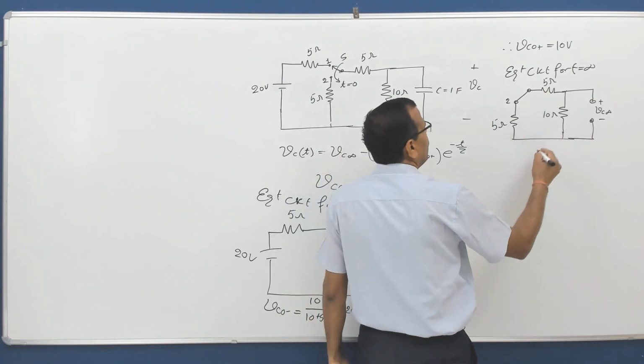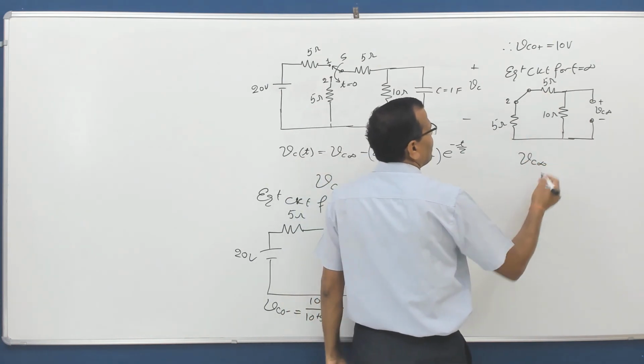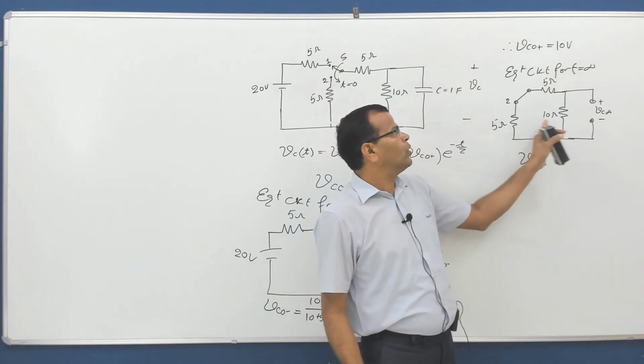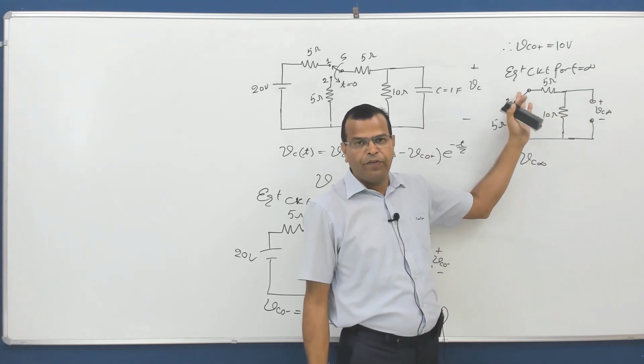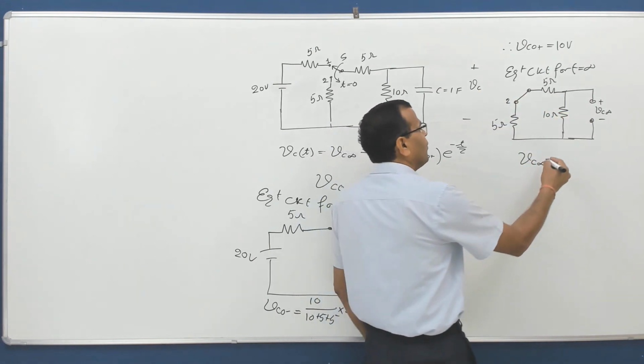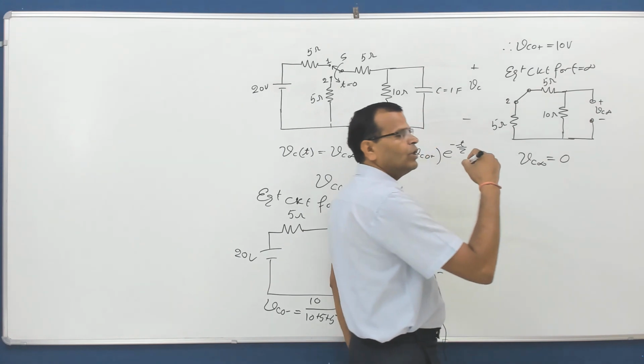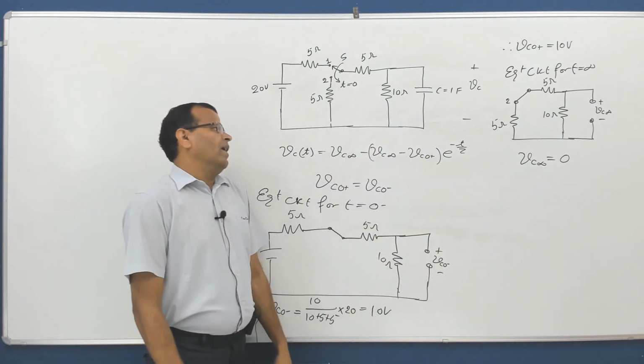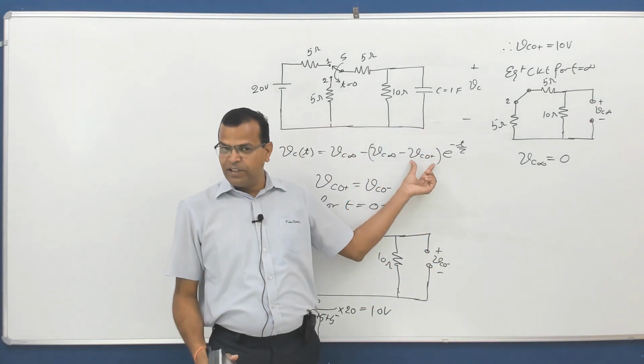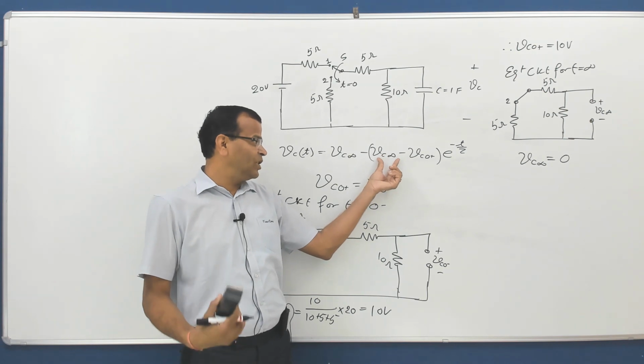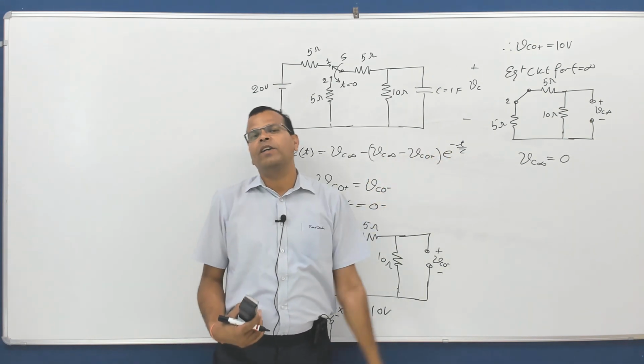So you can see from this circuit, there is no source in the circuit at t equal to infinity, therefore Vc infinity is 0 volt. I have obtained Vc0 plus, I have obtained 0. Now I need to find tau.